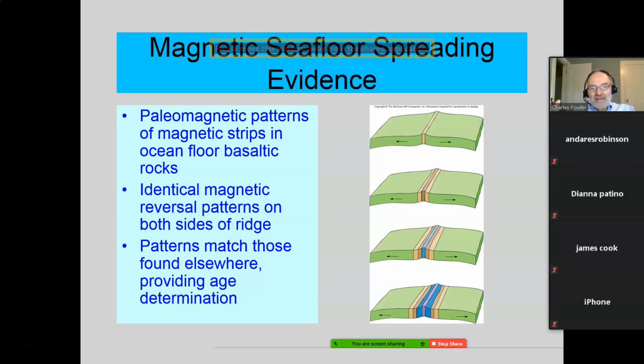Now, this slide is okay. I just don't like some of the implications in it. It makes it look like all the spreading is vertical. It's not. You have the spreading going horizontally as well. But I guess they couldn't show everything in one slide.